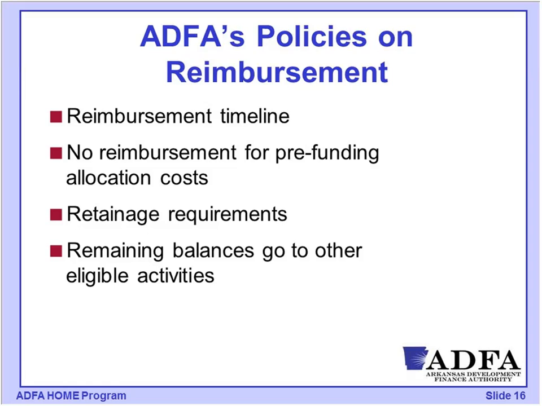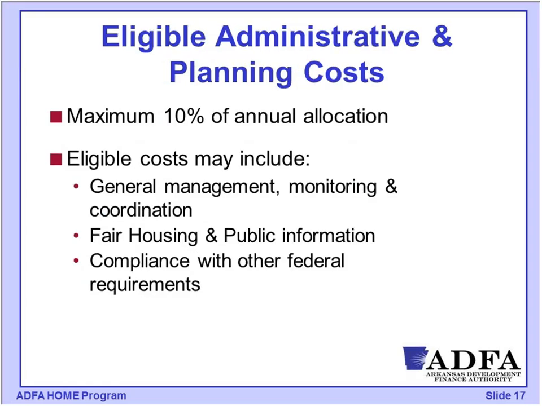Any balances that are not utilized for that specific project would be released from that commitment and would go to other eligible activities or be returned to ADFA to be dispersed elsewhere. Now, some rules that apply for the HOME program itself: there's a maximum of 10% of your annual allocation that can be used for administrative and planning costs.